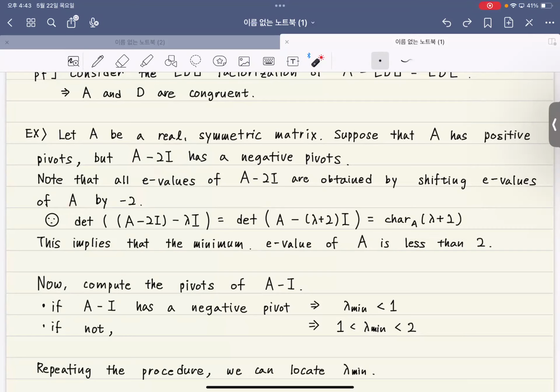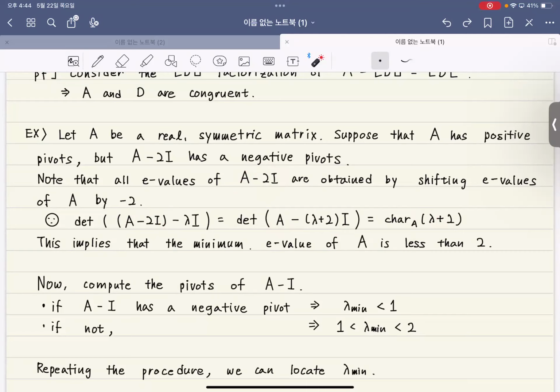Why? If you do not understand, just take a look at this equation. This is the characteristic polynomial of A minus 2I, but simplifying this, it turns out this is the characteristic polynomial of A, shifted by -2. So every eigenvalue of A minus 2I is nothing but an eigenvalue of A shifted by -2.